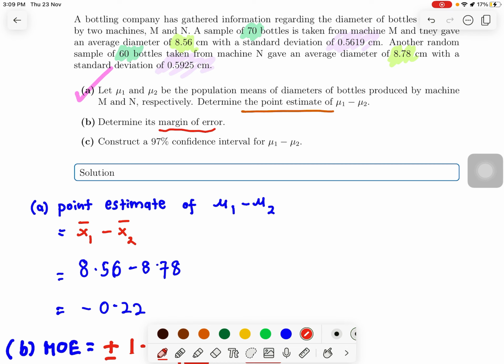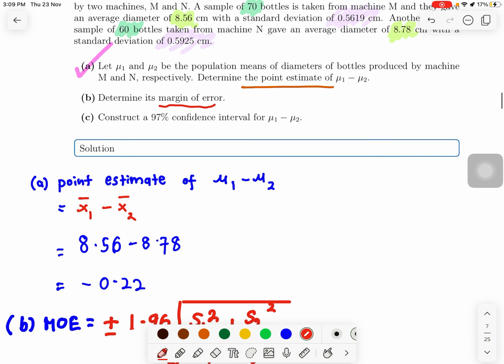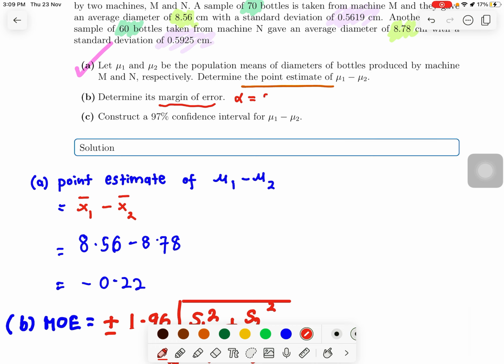especially on alpha equal to 0.05, right? So if you still remember, no need to waste time, you know that for alpha 0.05, the value for z alpha over 2 or critical value is plus minus 1.96.